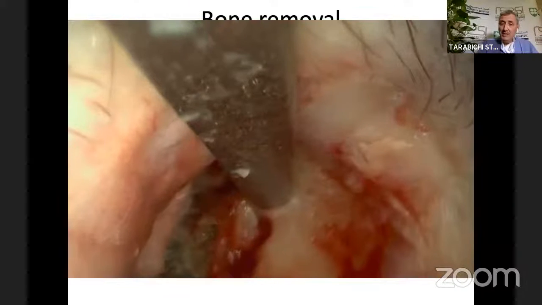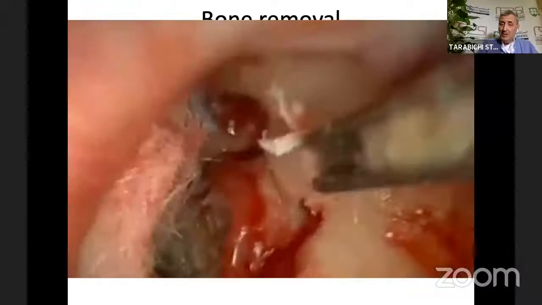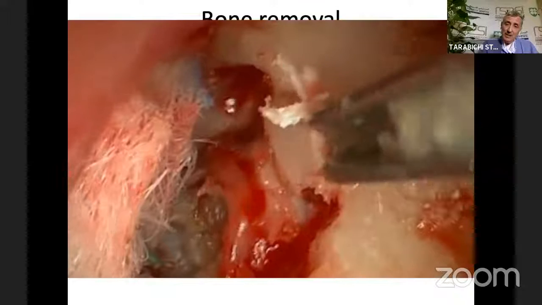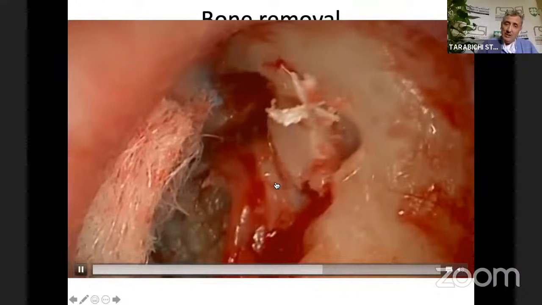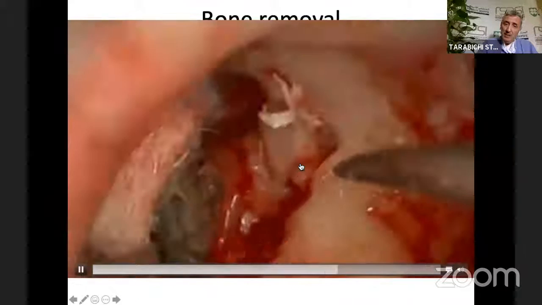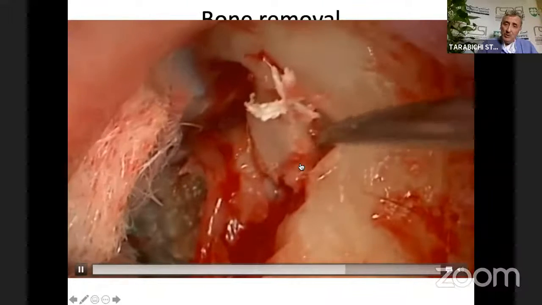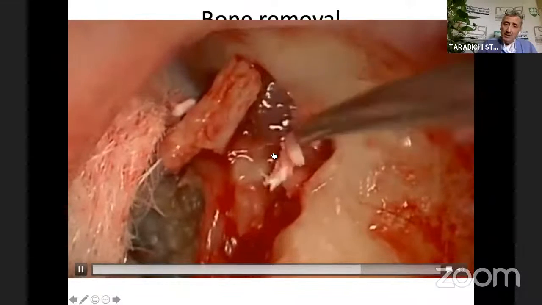But here, and you'll see that in just a second, it really creates a very nice sort of cleavage between the bone and the sac. So if I was using a curette here, I probably would have taken the sac away with it. But here, I'm basically just peeling the bone away, and you could see the sac behind it is intact.